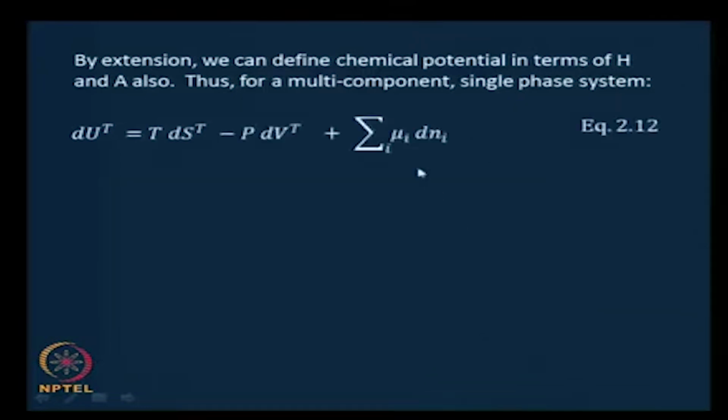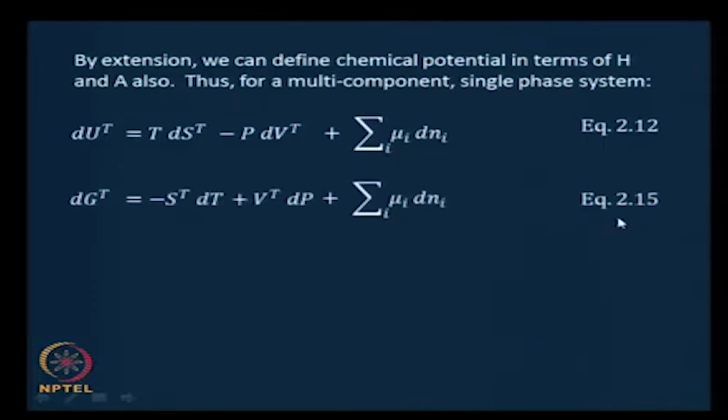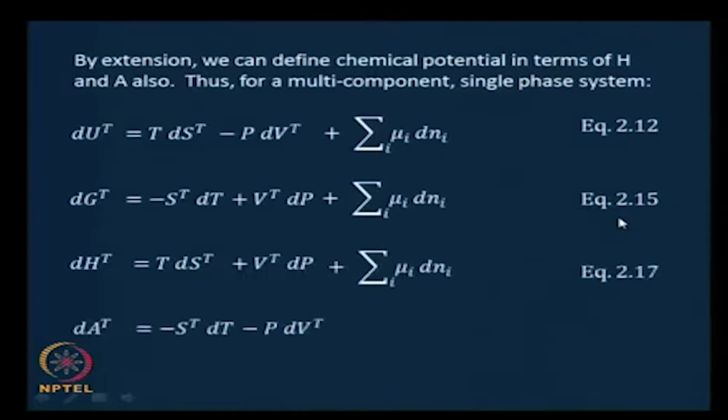Therefore, for a multi component single phase system, we extended the argument to come up with these equations that are valid: dUt equals TdSt minus P dVt plus the sum over all i of mu i dNi, with similar expressions for dGt, dHt and dAt. It is good to have all these things together so that you can always go back and refer to this, and by repeated use you might remember some of these.